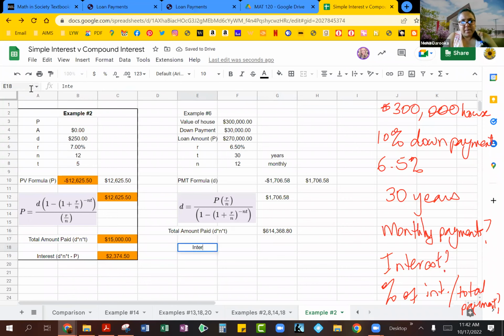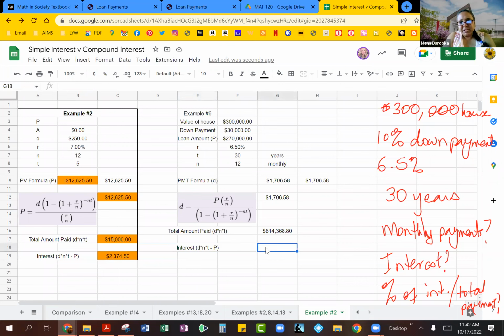Now let's talk about how much interest that was. So this is where we take the D times N times T, and from that you subtract your loan amount, so the principal. And that was kind of a similar calculation to what we had done in example 2, as you can see on the left-hand side.